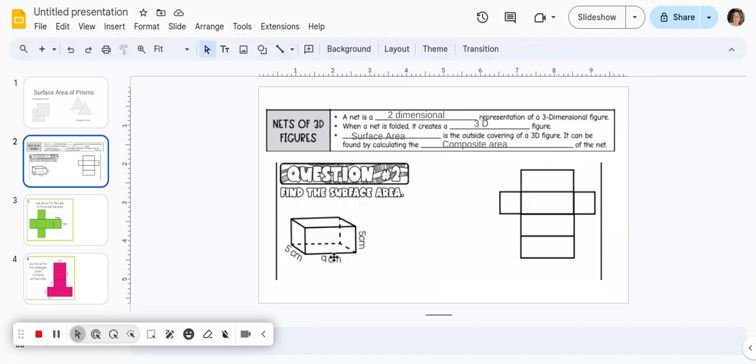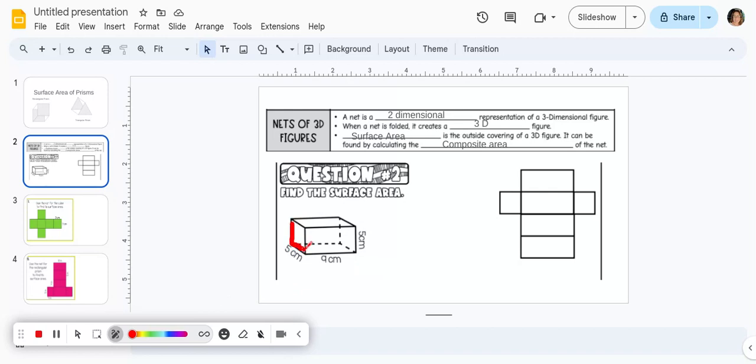So let's look at this shape. Here I have a rectangular prism, and I know that because the shape of the base is a rectangle.